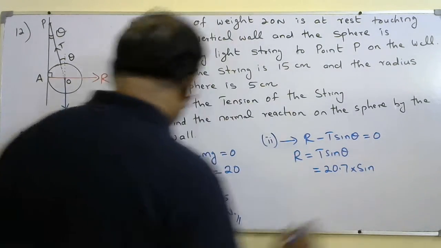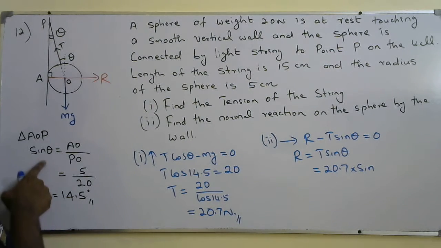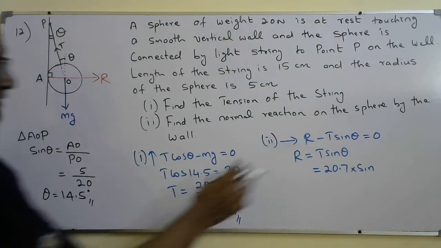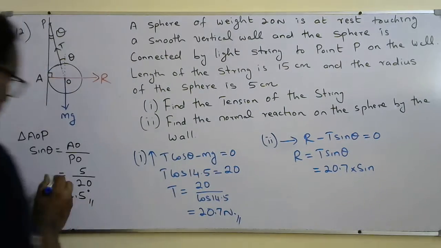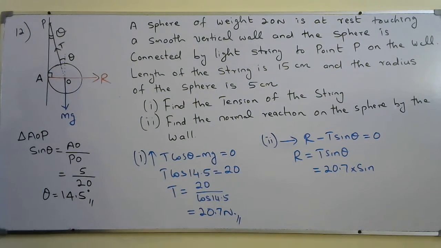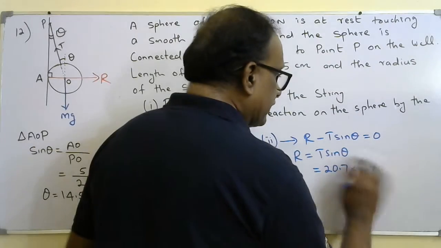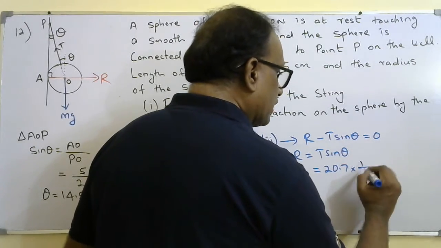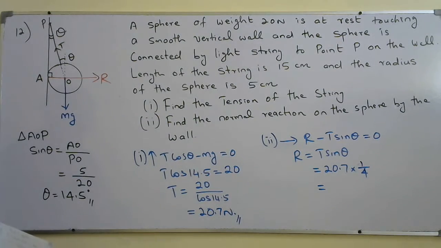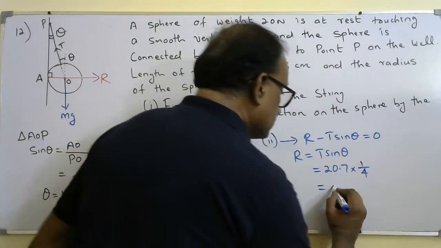Sine theta I already found, 5 over 20, that is 1 over 4. So I can directly substitute it in, R equals 20.7 times 1 over 4, which will be equal to 5.17.